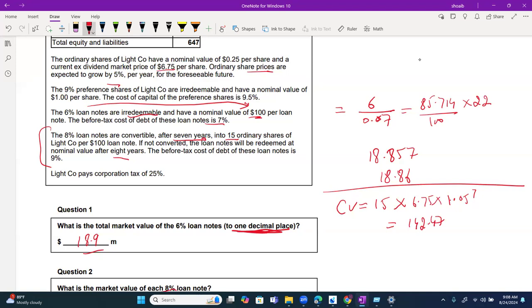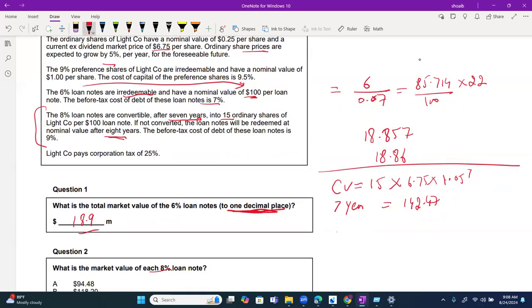142.47. Okay. But this is at the end of 7th year. If you do the conversion, you will convert after 8 year. So in 8th year, conversion will be, you will get 100 plus you will get 8. So I think there is no need of doing discounting of this, because the conversion value would be higher.